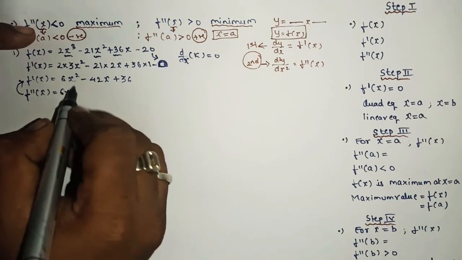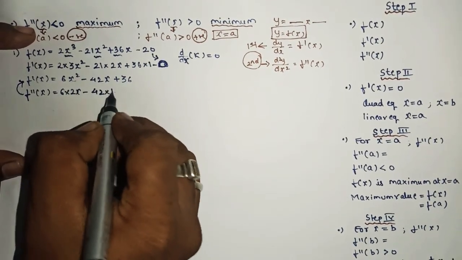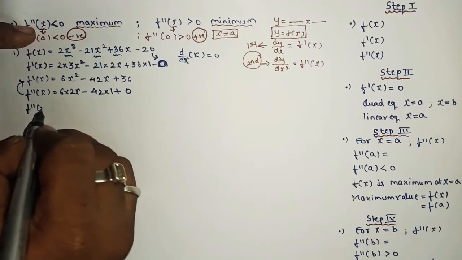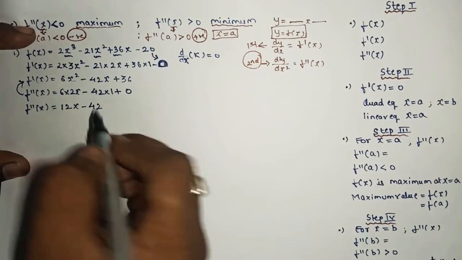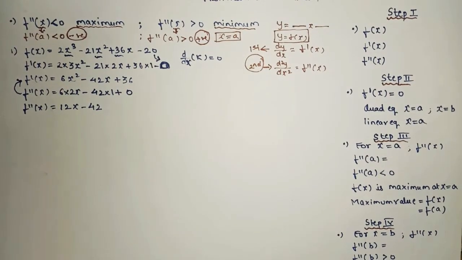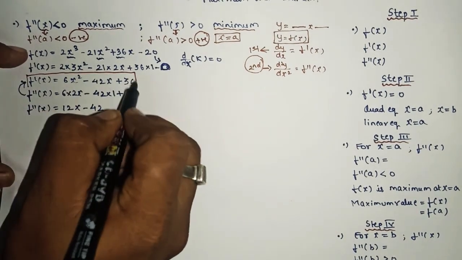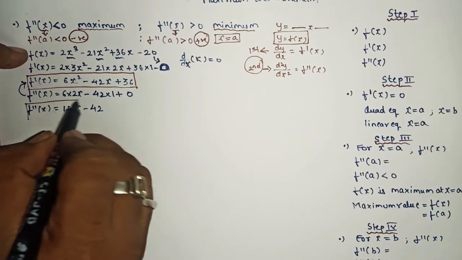So x square will be 2x. We'll keep this 42 as it is. Derivative of x is 1 and derivative of any constant number is 0. So in the next step we get 12x minus 42. So in this way you have to find your first derivative answer and second derivative answer for f of x.